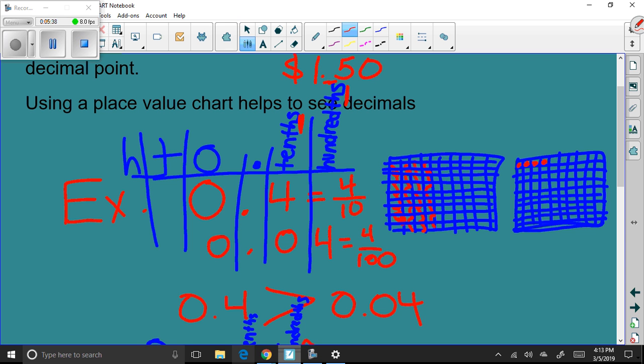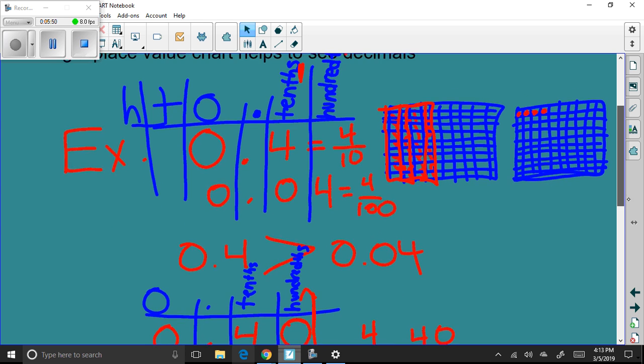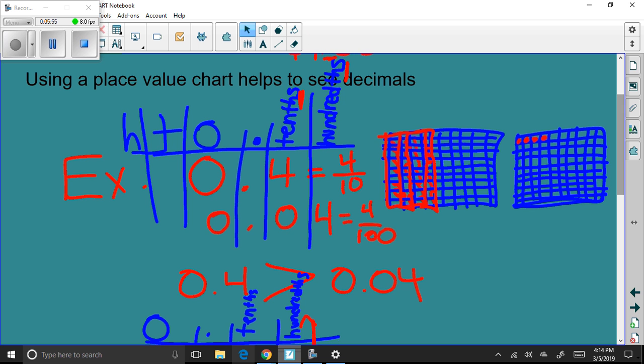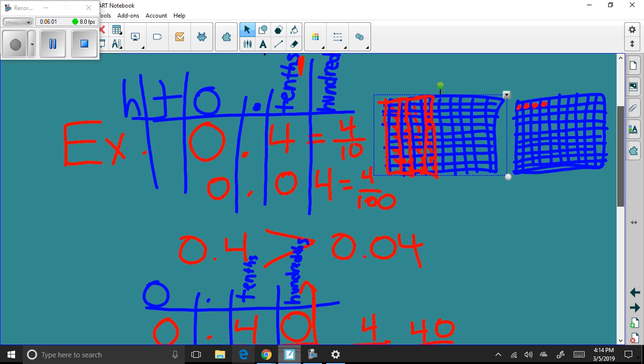But if you look here, you still see that there are still 4 pieces of the red size that are all shaded in. So my original was 4/10, but when I made it into smaller pieces, it became 40 hundredths. You count all of these squares here in this picture, you see that there are 40 hundredths. So that is about decimals.